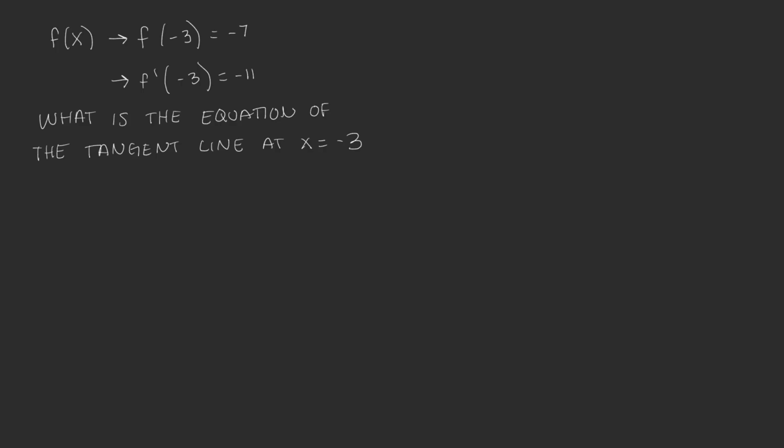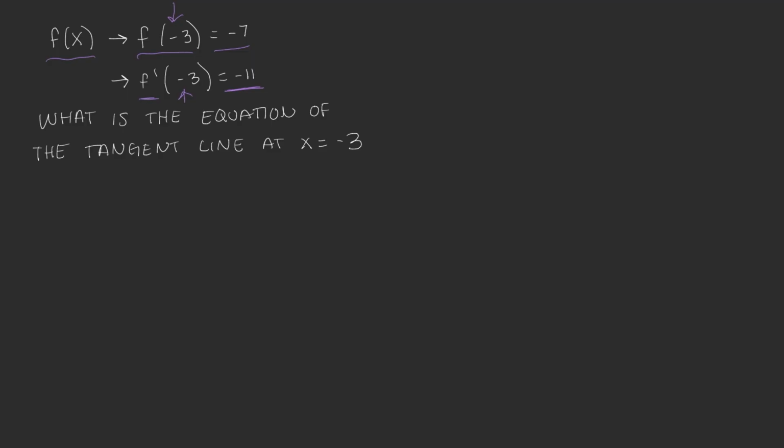Okay, this will be our final question for this video, so let's take a look at it. So we have a function, f of x, and it's telling you when that function is evaluated at -3, our answer is -7. And then it's saying when we take the derivative of it, and we also evaluate it at -3, our answer is -11, right?